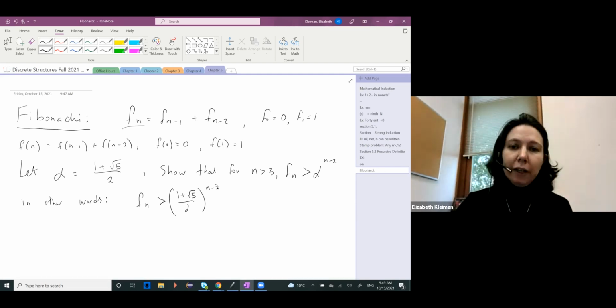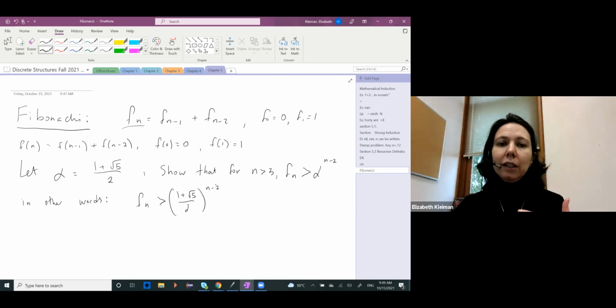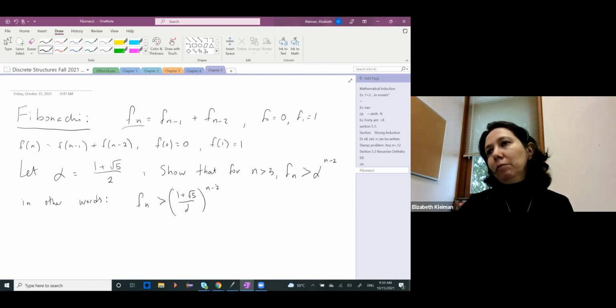So what I know here is I have a Fibonacci sequence, correct? And I have a recursive formula on how to do it, yes? And I also want to prove something for n bigger than 3. So what type of proof should I use? Induction, correct?